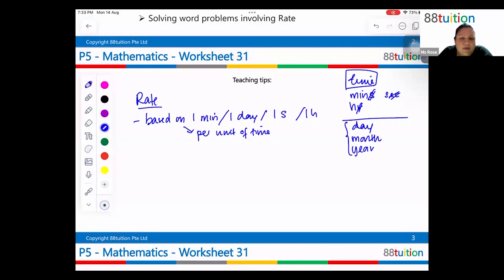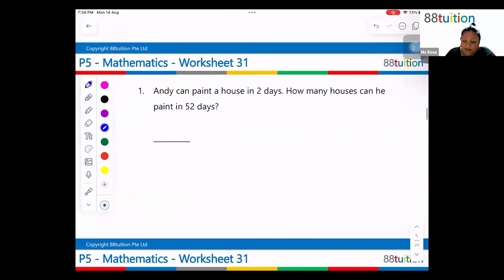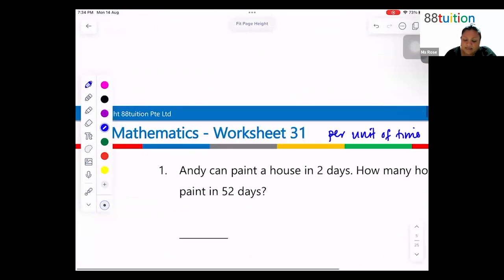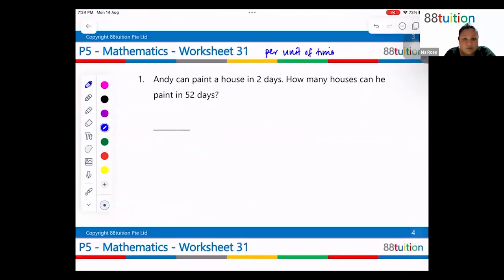All right. Now I'm going to go through question 1. In this question, remember, it's always based on per unit of time. This per unit can be in terms of days, minutes, hours, seconds, whichever is given to you.